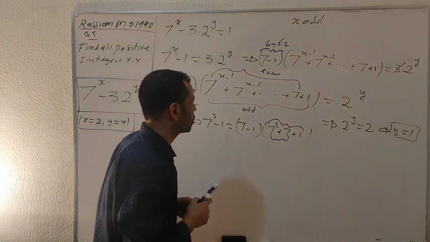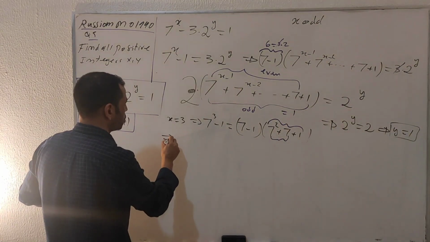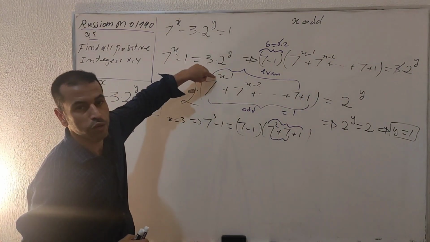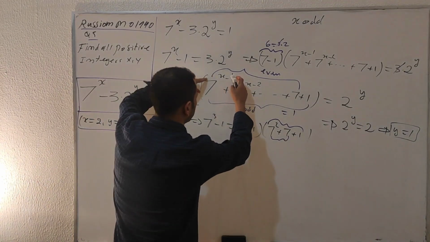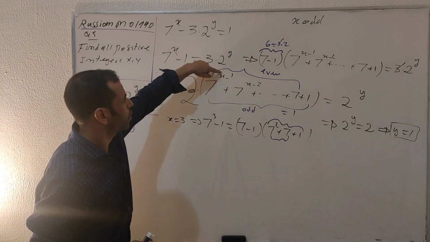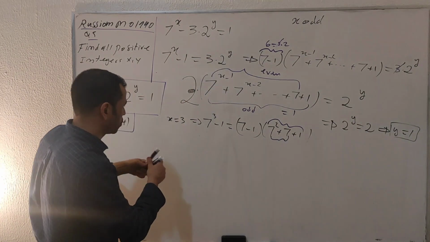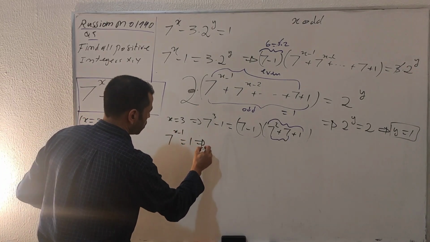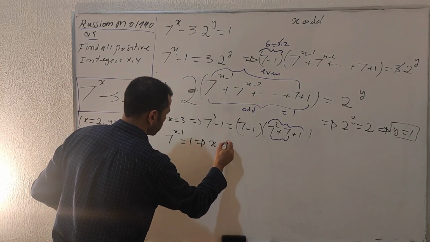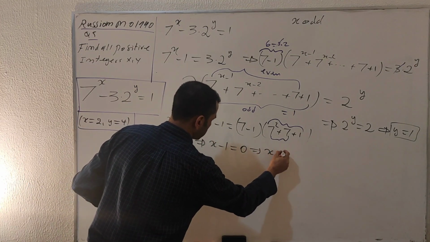If y equals 1, it means you have only one term here, and we cannot move on to the other terms. So the exponent must be equal to 0 here. We have 7 to the x minus 1 equals 1, which means x minus 1 equals 0, which means x equals 1.